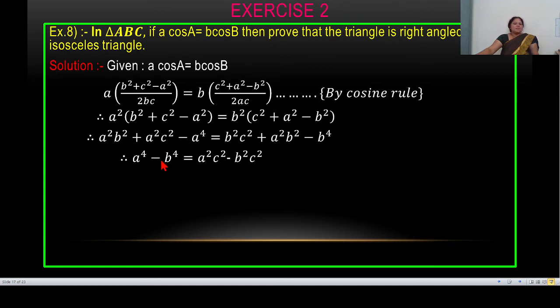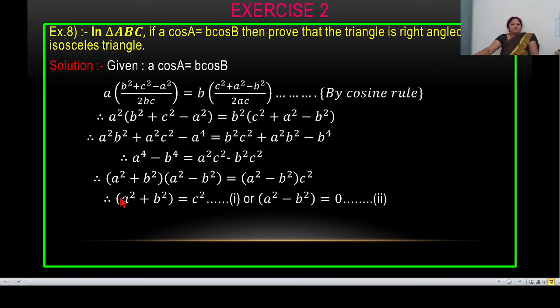Therefore, a⁴ − b⁴ equals a²c² − b²c². The expansion of a⁴ − b⁴ is (a² + b²)(a² − b²) equals (a² − b²)c². Therefore, a² + b² equals c² or a² − b² equals 0. From 1 and 2, a² + b² equals c² or a² equals b².